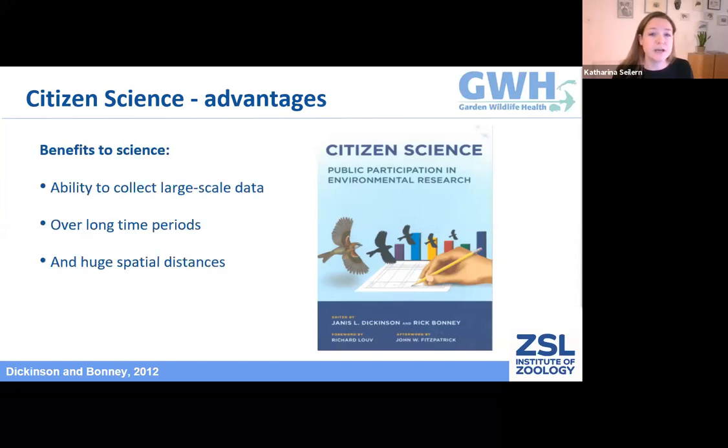But of course, there's also huge benefits to science because this allows us to collect large-scale data over long periods of time and across huge spatial distances. And especially when we think about private gardens, as we as scientists would never be able to monitor what's going on in the gardens without the help of the public, as we obviously can't be there ourselves.